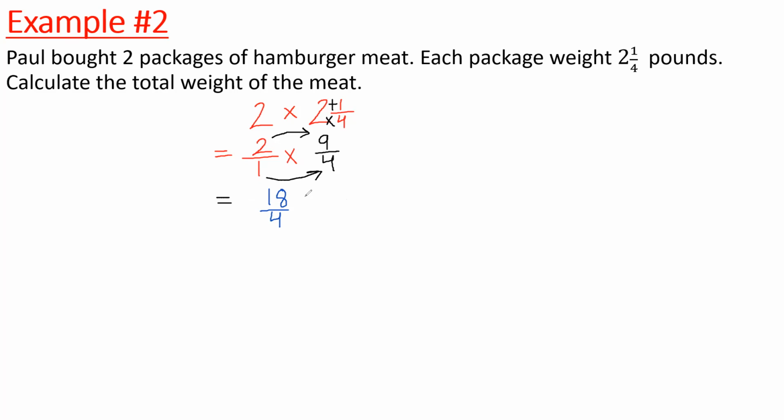Divide. Very good. So we have to divide. So we're going to say, how many times does 4 go into 18? 4 times, right? 4 times 4 is what? 16.